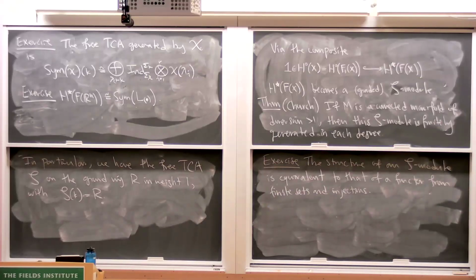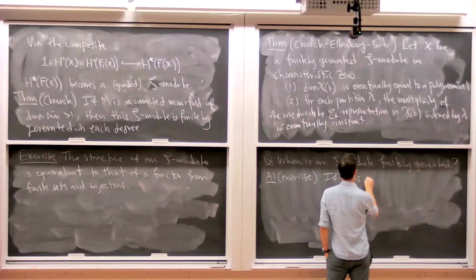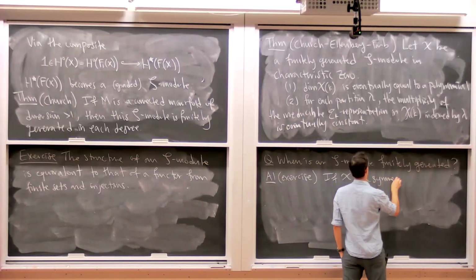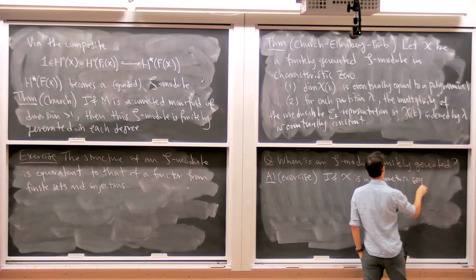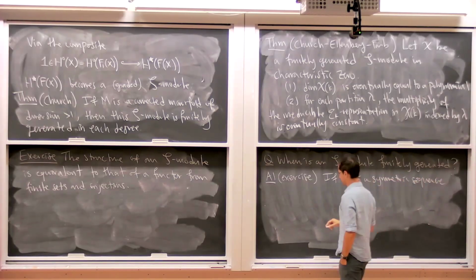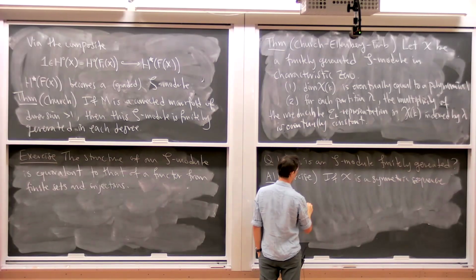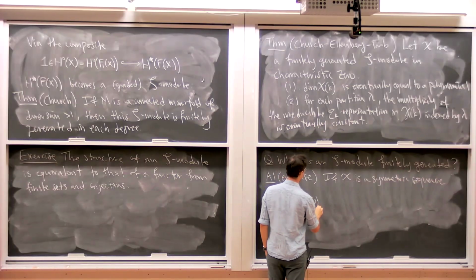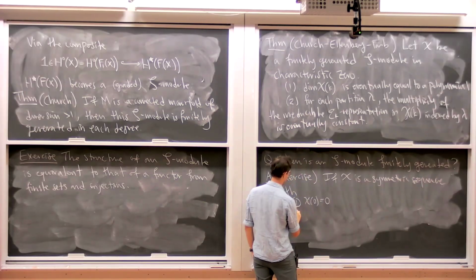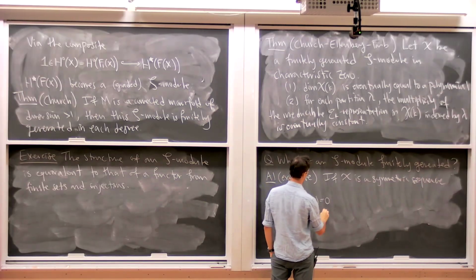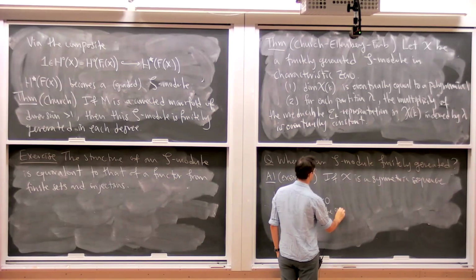So if X is a symmetric sequence with the following properties. In weight 0, it vanishes. In weight 1, it's the ground ring.